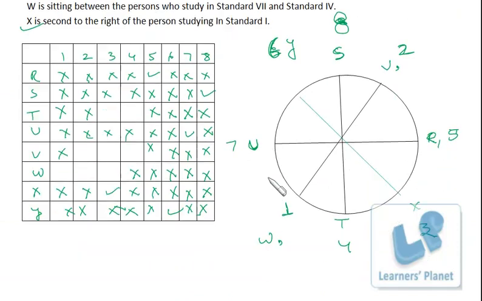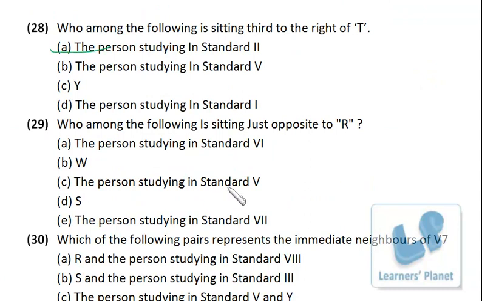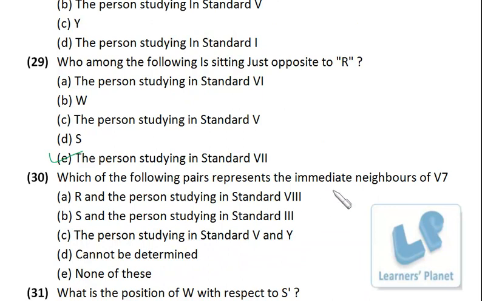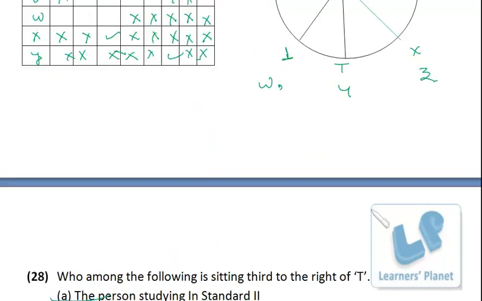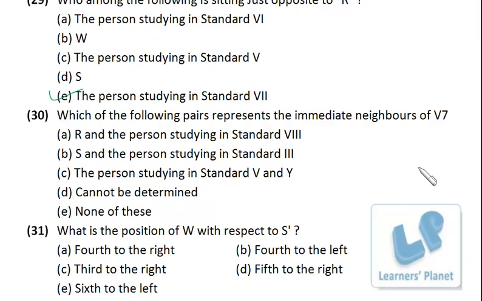Opposite to R, it is 7 and U. So it is the person studying in standard 7. Which of the following pairs represent the immediate neighbors of V? So that is S and R. Okay, so immediate neighbors of V is S and R.